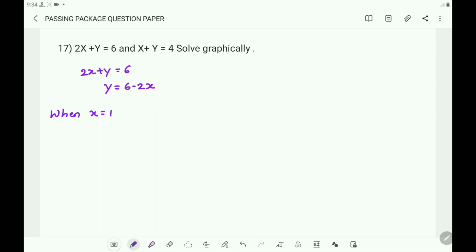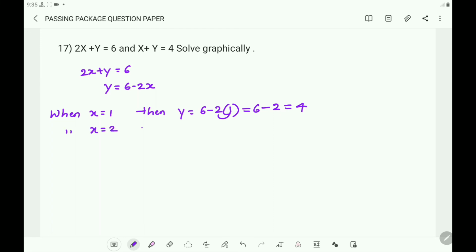Then y equals 6 minus 2 into x, the x value put, 2 into 1. 6 minus 2 into 1 is 2, 6 minus 2 is 4. Then take x equals 2.